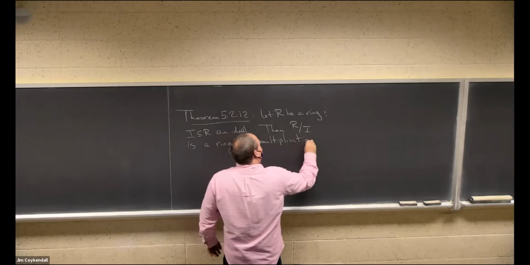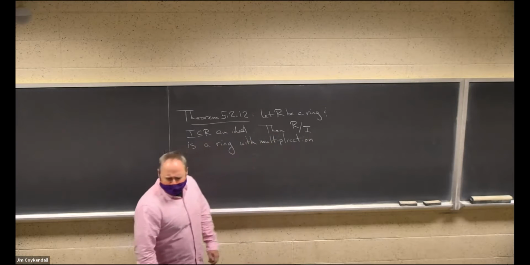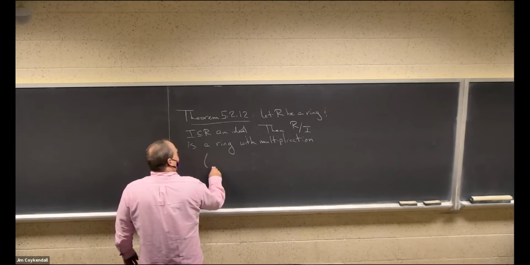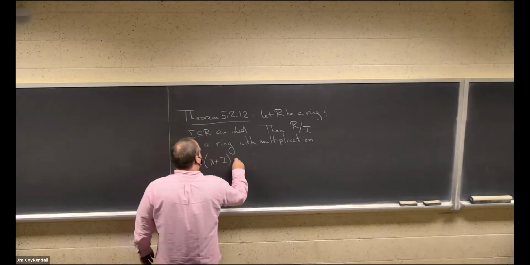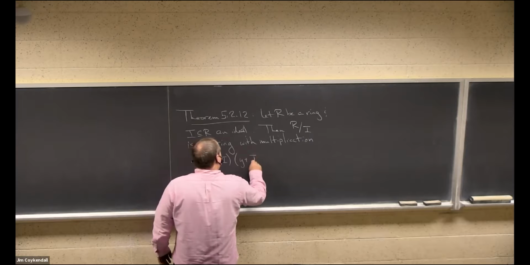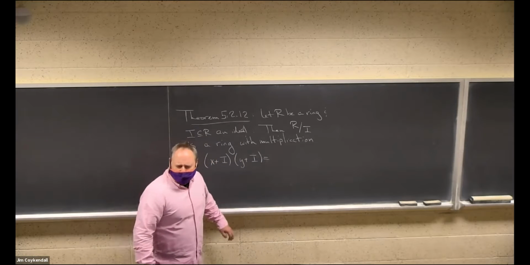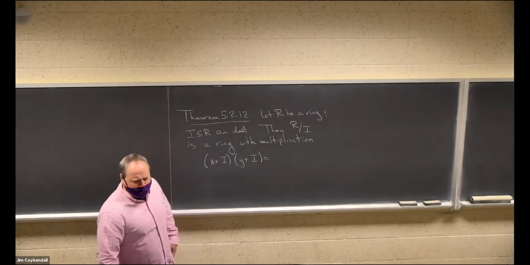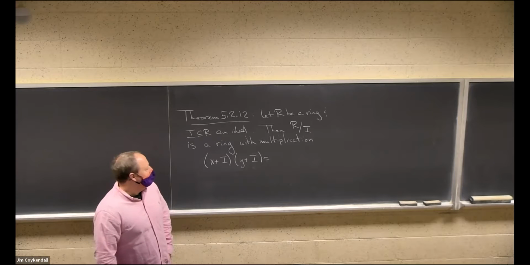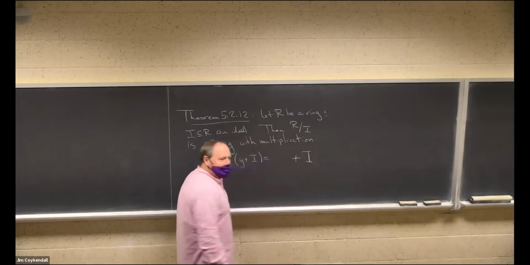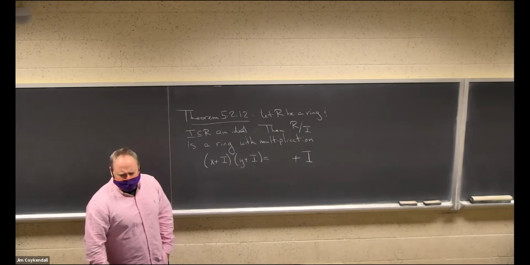So I also claim that I can turn this into a ring, and all I've got to do is tell you how to multiply things. So let's say, remember our math adage, if it ain't easy, don't do it. It should also be a coset. What's it gotta be?